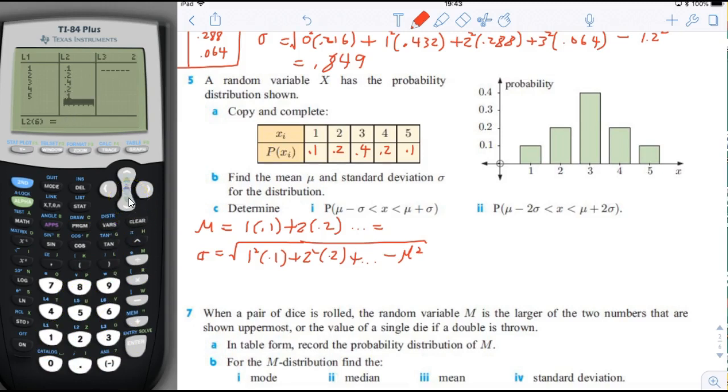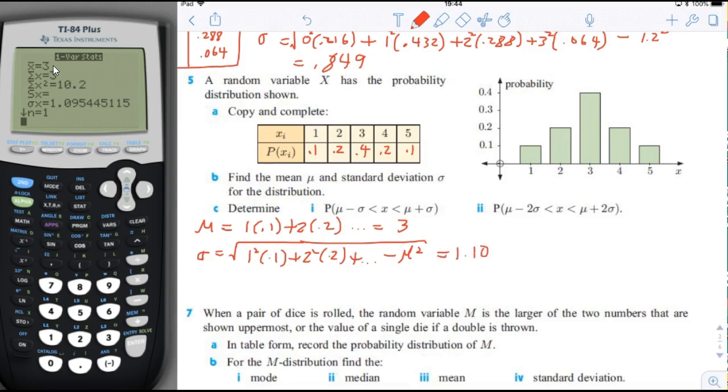Okay, and let's do stat calc, 1-bar stats. Calculate. So our mean is 3, and our sigma is 1.0 or 1.10.